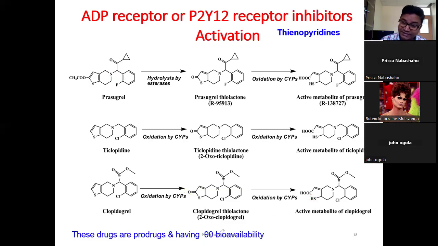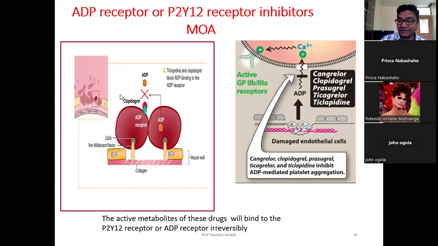These drugs have 90% bioavailability. The usual best combination is aspirin plus clopidogrel. Many companies manufacture clopidogrel plus aspirin combinations.